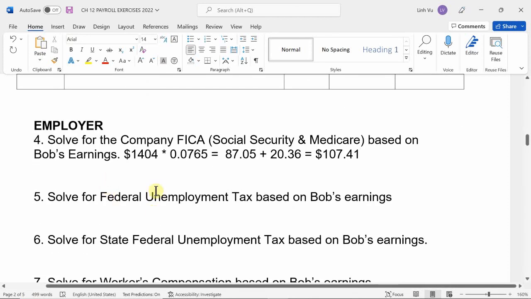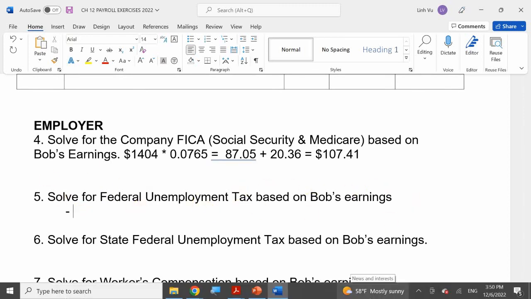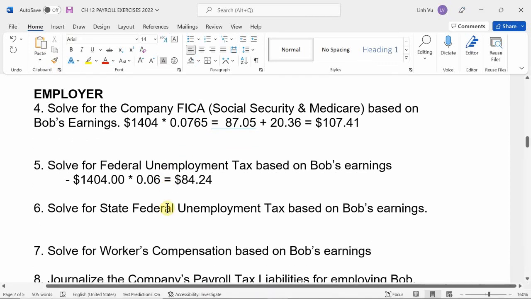Federal unemployment tax based off of Bob's earnings, right, 1,404 is what he earned, and for this class we said it was 6%. So in this case, 6% of his paycheck, we are subjected to pay $84.24 for federal unemployment.